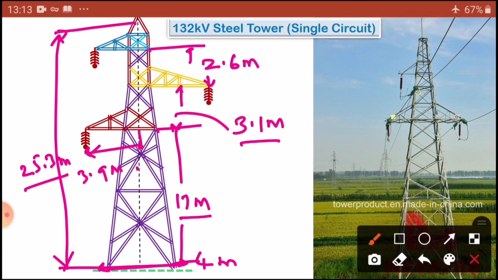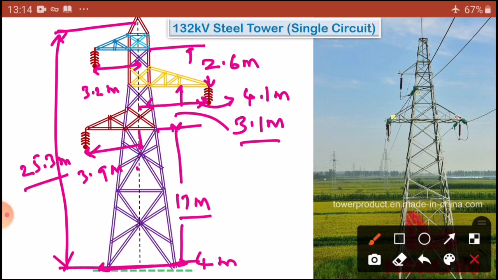Whereas in the second phase I am going to increase this length here. So in the 132 kV single circuit, that is nearly 4.1 meters, dear students. Here 3.9 meters, whereas in the B phase, Y phase, the distance from structure to this string is 4.1 meters. Now coming to the last one, here the length may be only 3.2 meters.